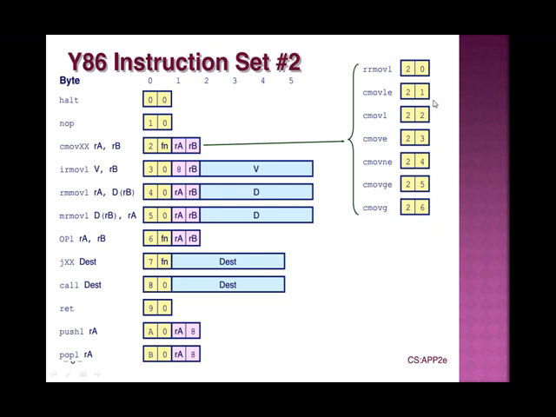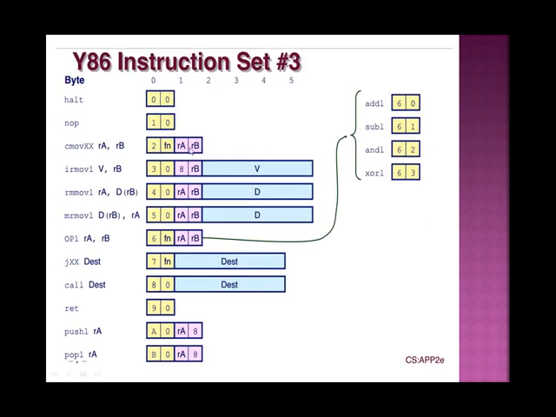So these are the multiple instructions, multiple registers, and multiple bits that are used for the different registers or instructions available for Y86. Then jXX destination, going to the destination, then call the destination, return the value, push means insert into the stack, then pop. Pop means retrieve the value from the stack.